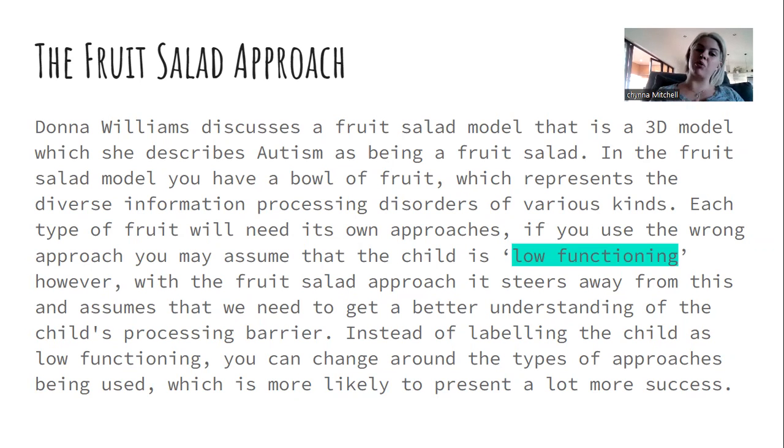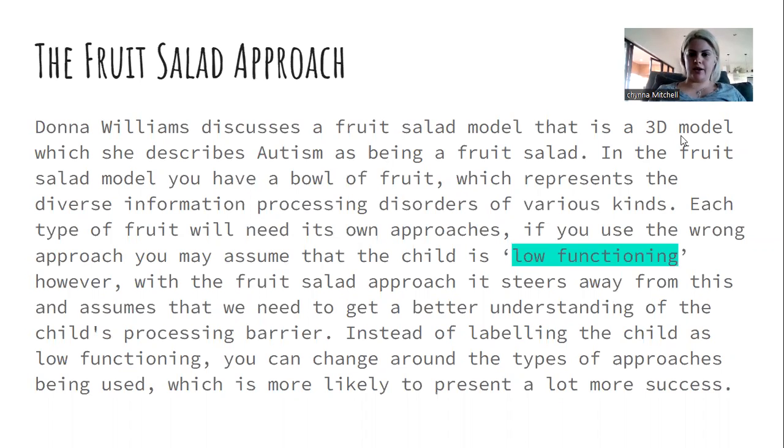If you use the wrong approach, society generally just says, oh, that child's low functioning or high functioning or has extreme autism, all these sorts of things. But if we change some of the approaches, which happens in this fruit salad approach, instead of labeling the child, you're more likely to see success in the child's learning.